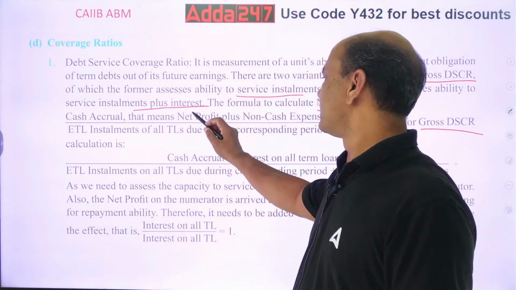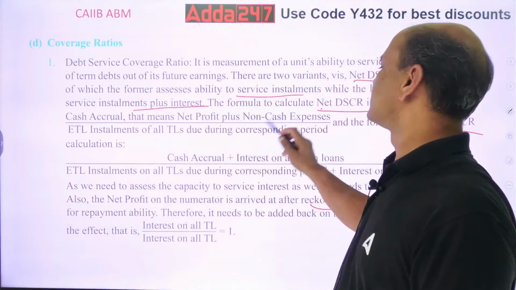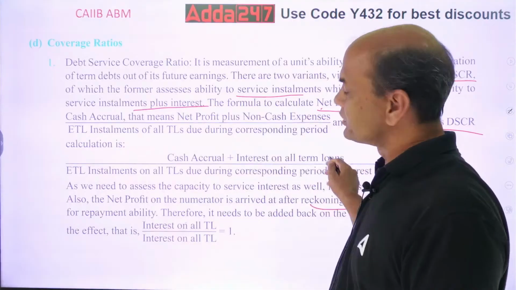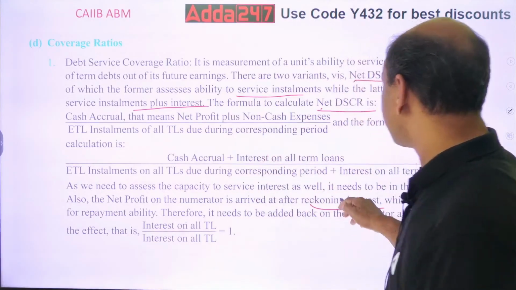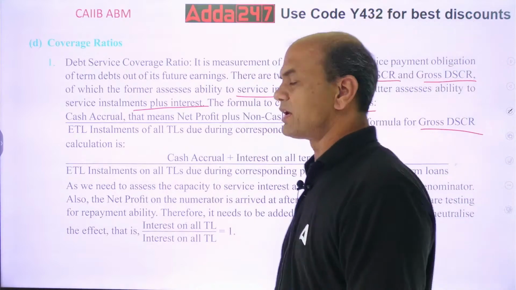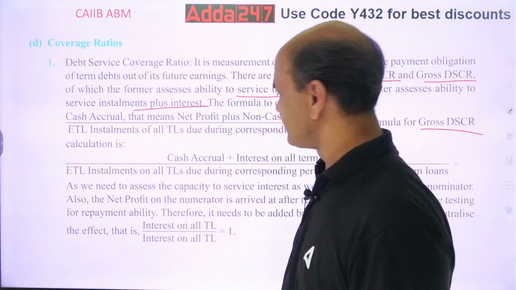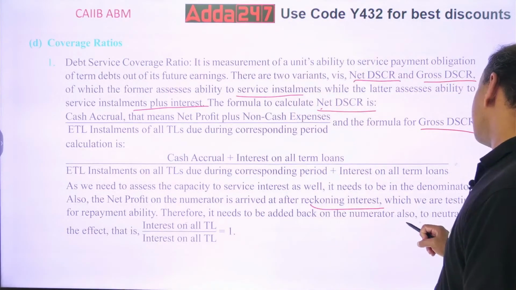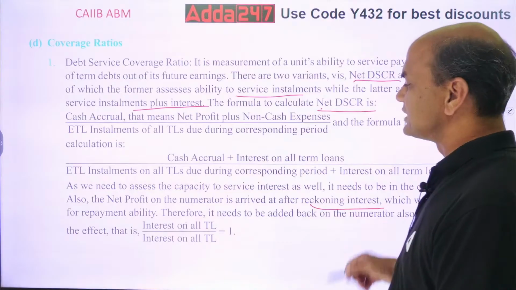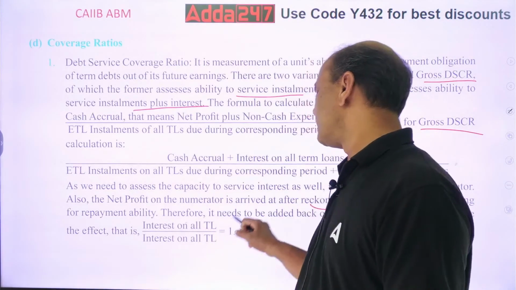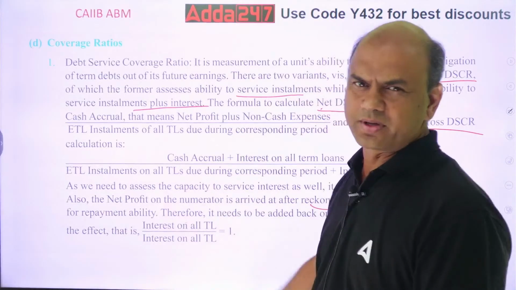See this over here, net profit plus non-cash expenses, and in gross, interest on long-term loans you are adding back. Why are you adding back? Because we are testing for repayment ability, whether I will be able to repay that interest. Therefore, it needs to be added back in the numerator also, and to neutralize the effect, interest on all term loans is put in the denominator too.